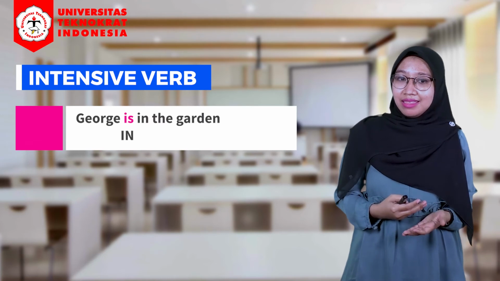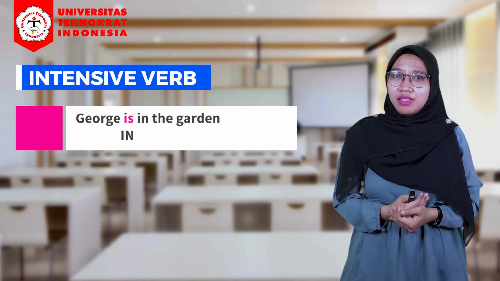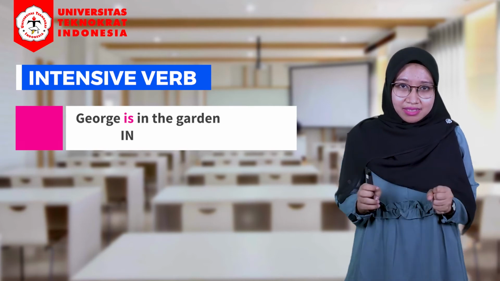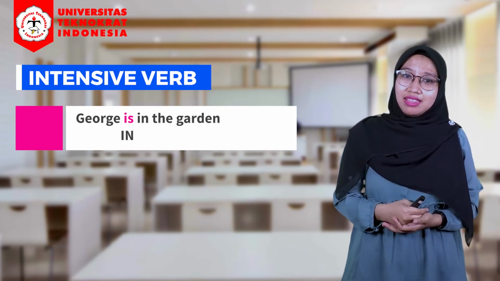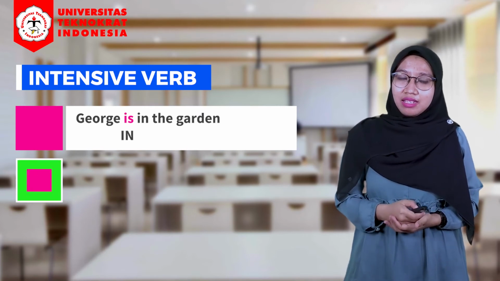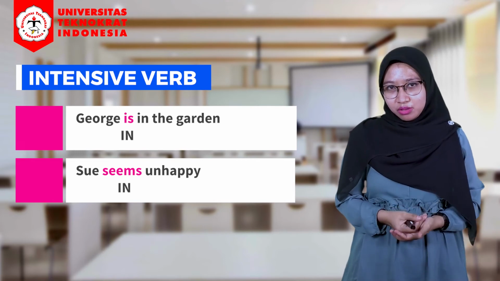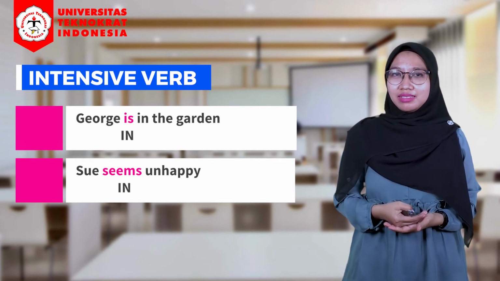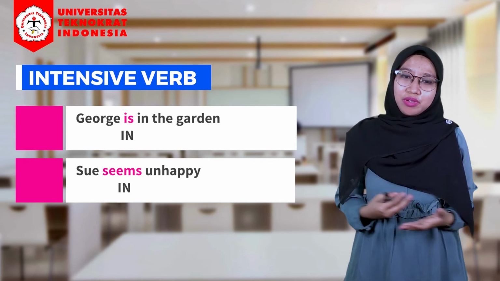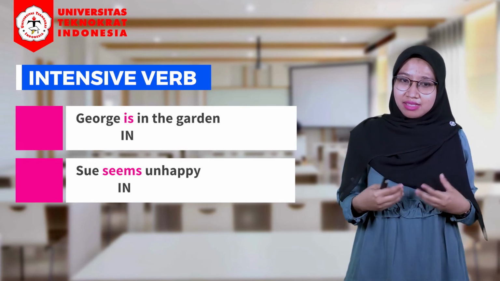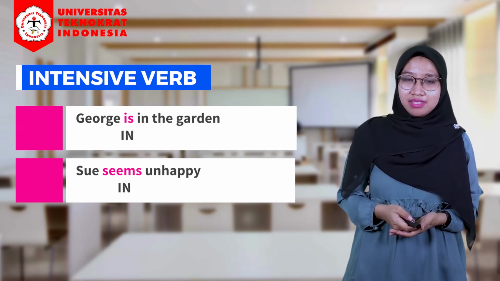George is in the garden. What is the verb in this sentence? The verb is, the be. This is called the intensive verb. And the next one, Sue seems happy. The subject is Sue, the verb seems, and then there is the complement happy. So the verb seems here is considered as the linking verb, and linking verb is categorized as intensive verbs.